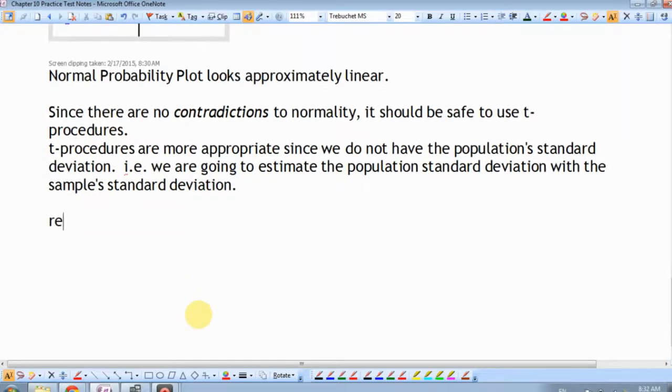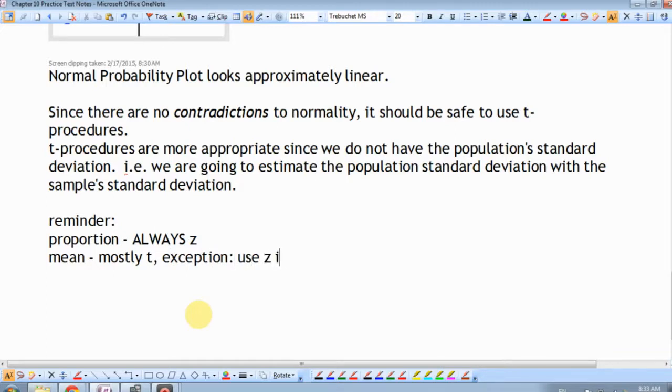Let's put it like this. Reminder. Proportion, always Z. Mean, mostly T. Exception: use Z if sigma is stated in the problem.